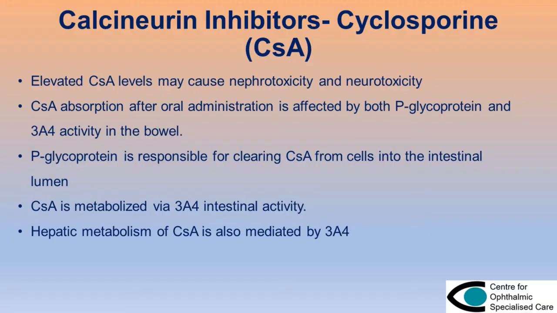The P-glycoprotein is responsible for clearing cyclosporine from cells into the intestinal lumen, and the 3A4 enzyme is responsible for metabolism of cyclosporine in the intestines and in the liver.